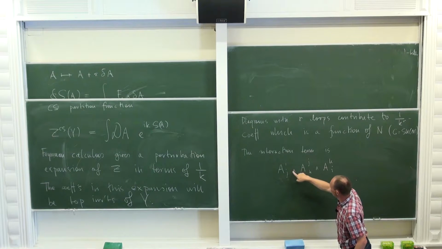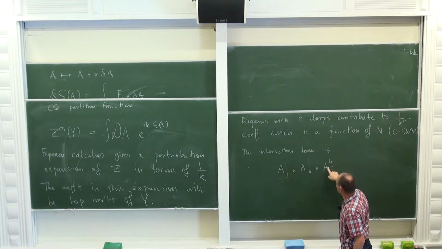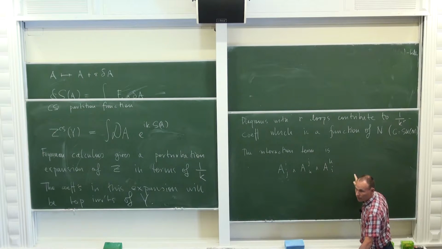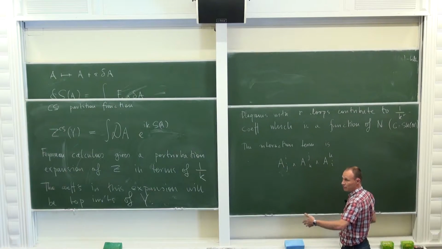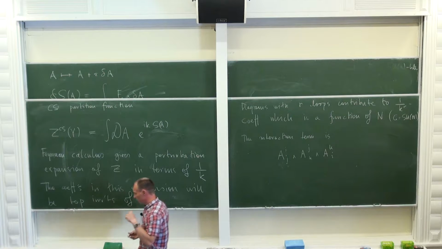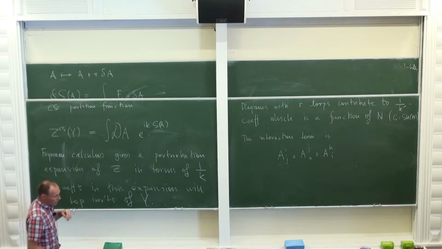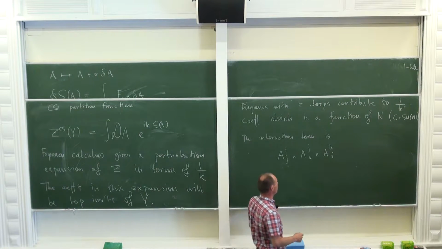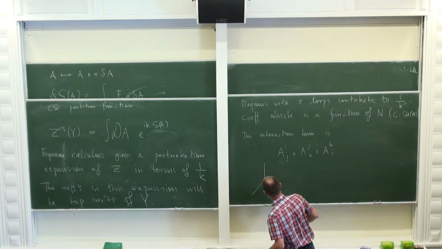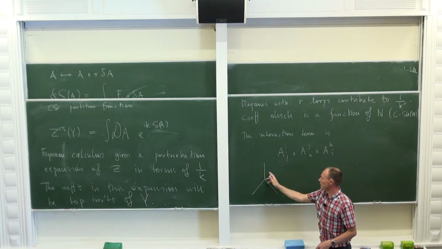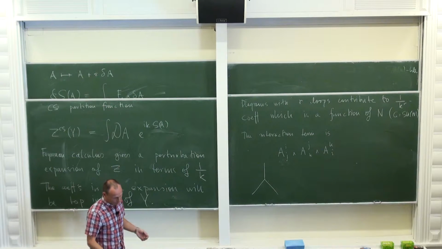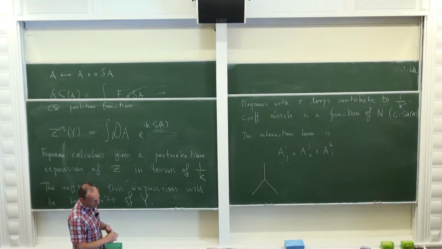This is just matrix multiplication of these two, and another matrix multiplication. But then remember, we take the trace in the action. So this is what it looks like if you write it in local coordinates, or given a trivialization. Now, to such a vertex, if you're doing Feynman calculus, there is a diagram like this associated, and we put propagators on the lines and something at the vertex. But it's not so important for us right now.